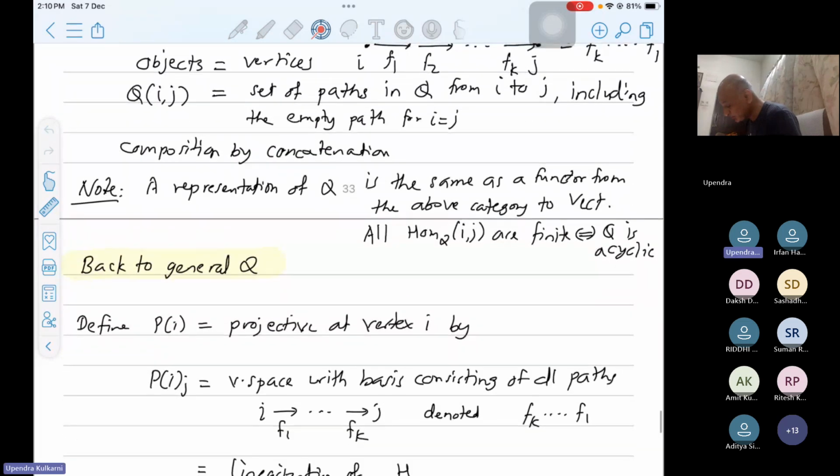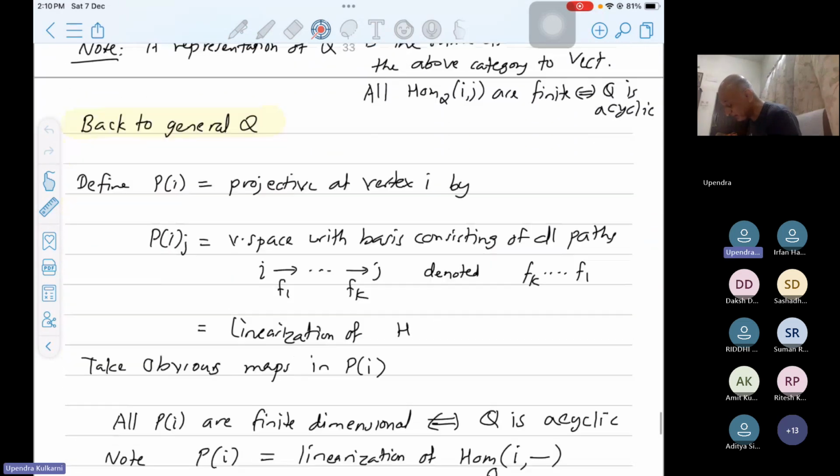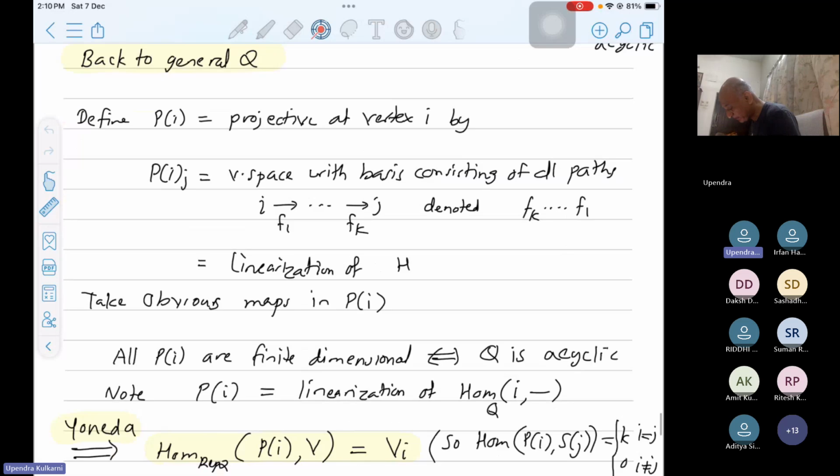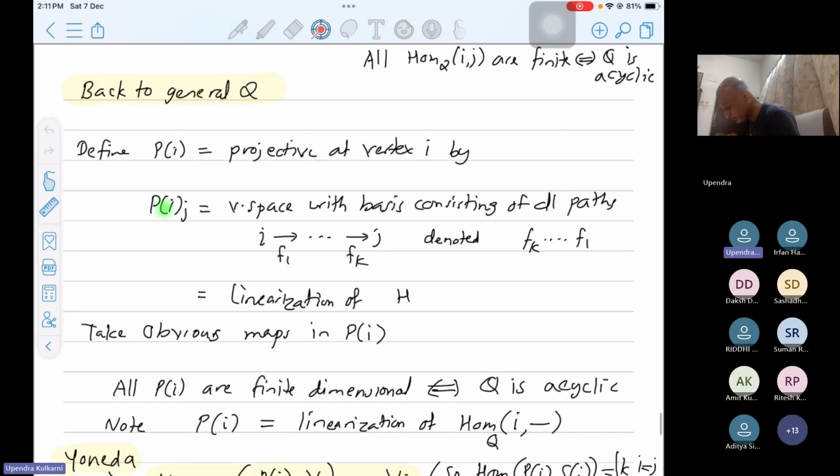The point though is that in this category, I have the Hom functor. I fix an object I, and I just take the vector space with basis all paths from I to any vertex j. That is the vector space associated to the vertex j.